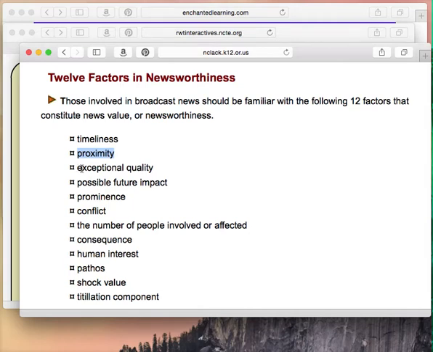And newsworthy events have some exceptional quality. Perhaps they involve a prominent person or a famous person. There might be some conflict that people would find interesting, and important news stories often affect a number of people. Okay, so I just keep that in mind as I go forward.